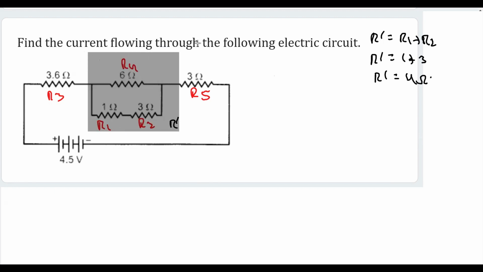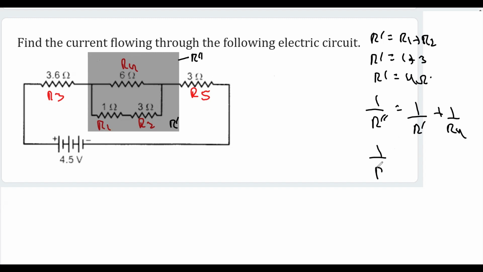Sorry, they are connected in parallel. So 1 over R double dash is 1 over R dash, that is this part, plus 1 over R4, that is this.